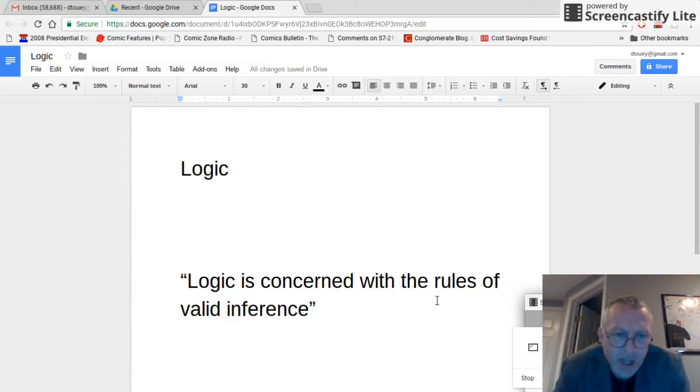The reference there is to logic as a study, as a field of study. It's concerned with the rules of valid inference. But we also talk about the logic of something, the logic of an argument. We talk about reasoning itself, reasons that are given. So it still has that sort of double meaning.